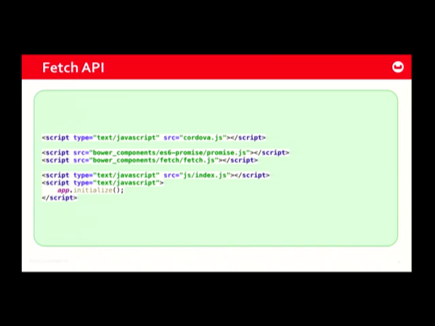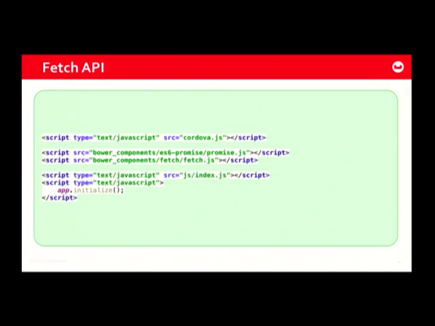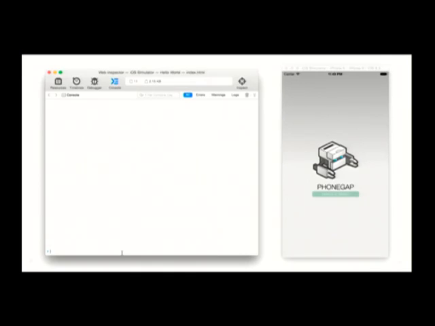So I think GitHub has an implementation, a polyfill that you can add to your applications. That way, it runs across all browsers. I think Chrome has it, but Safari doesn't have it yet. So if you bower install fetch and promise, you can start writing nice HTTP code.